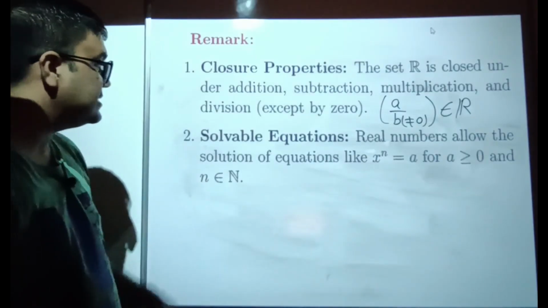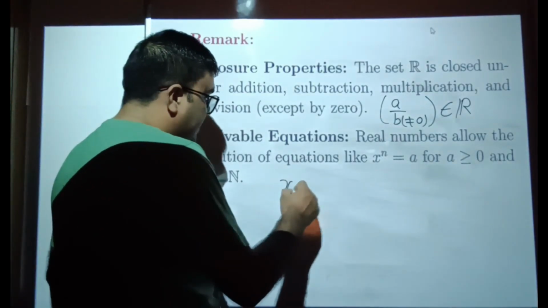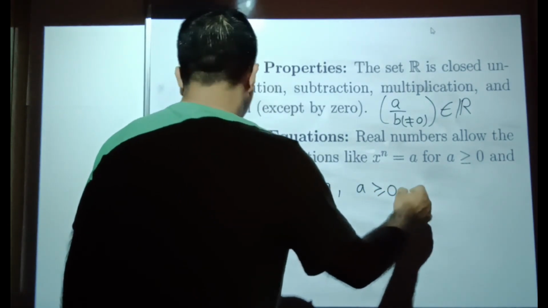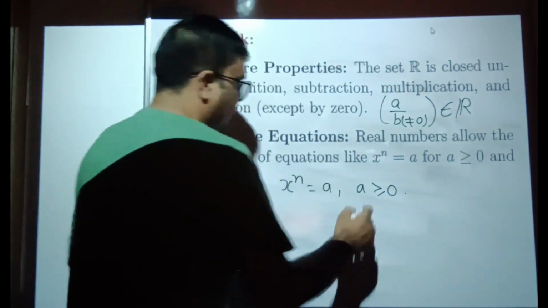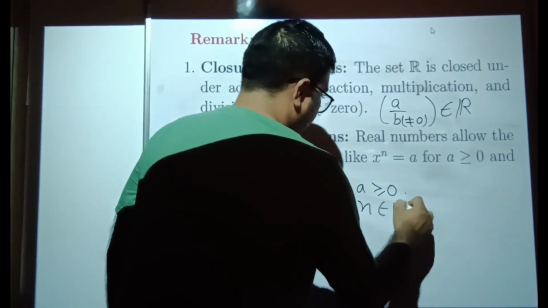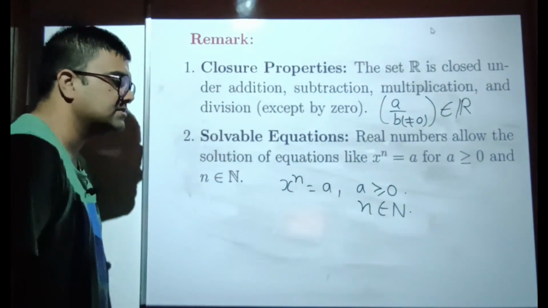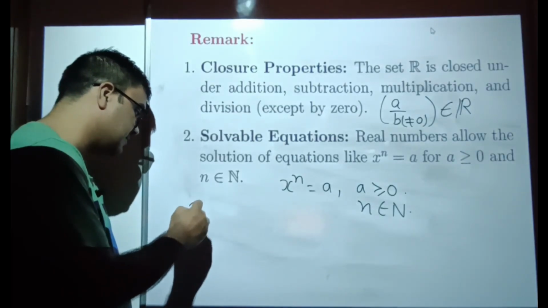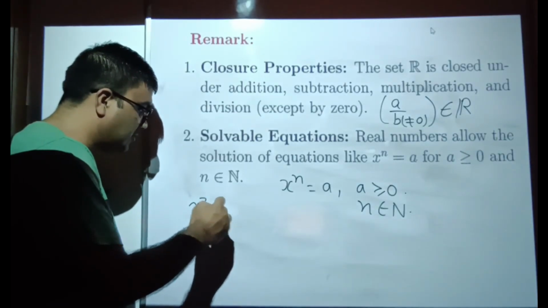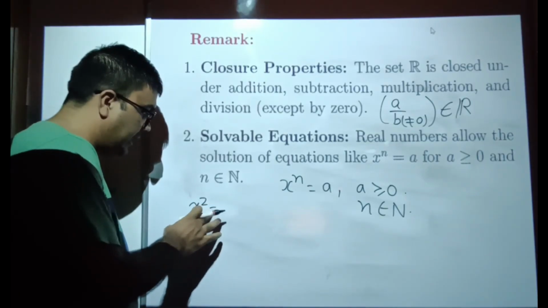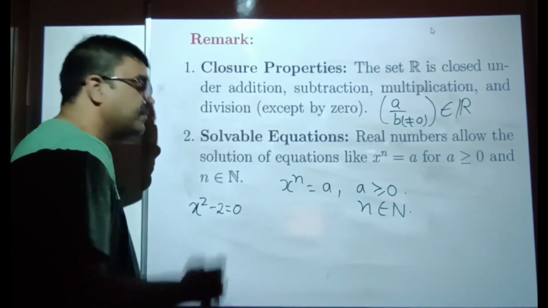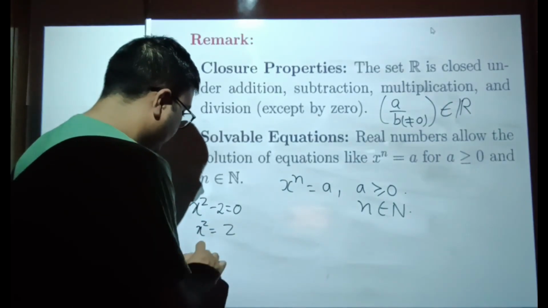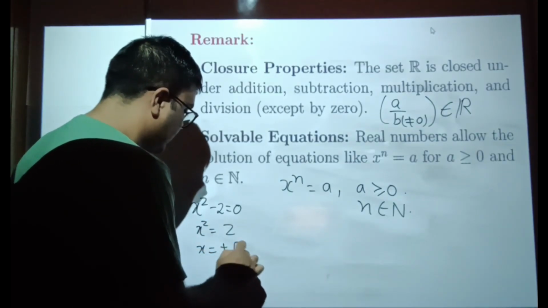And the real numbers are able to solve equations of the form x raised to the power n is equal to a, for all a greater than or equal to 0, and for all n belonging to the set of natural numbers. Why are we saying this? Because when we are talking about rational numbers, we cannot solve equations of the form x square minus 2 is equal to 0. This is basically x square is equal to 2, so we obtain x is equal to plus minus square root of 2.